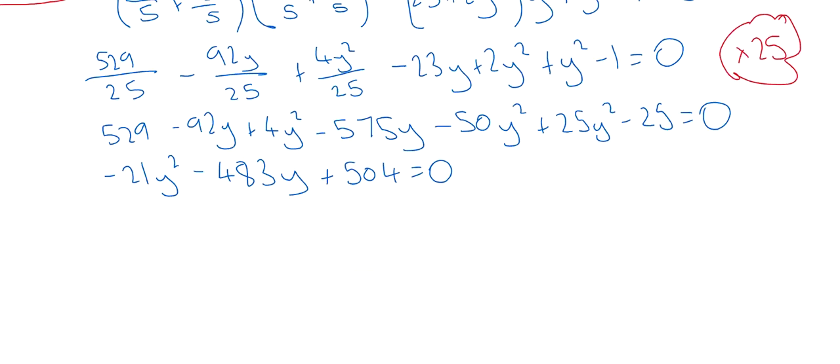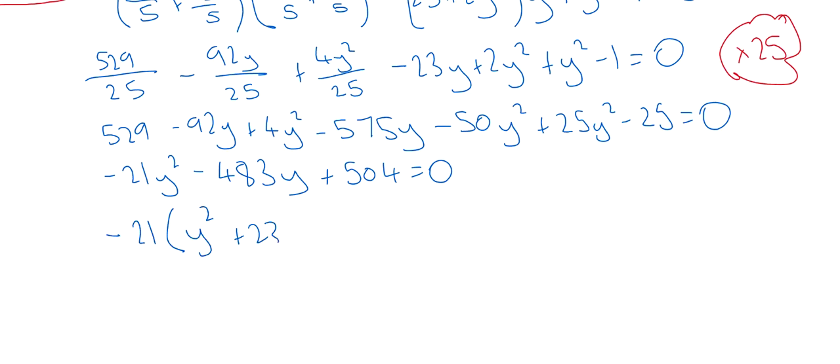The first thing you always look for is common factors, and we also never want this first term to be negative. So I'm going to pull out the negative, and wonderfully, all of these terms can actually be divided by 21. That should be the first thing you try, or factors of 21 at least, but try 21 and it happens to work. So I'm left with y squared plus 23y.